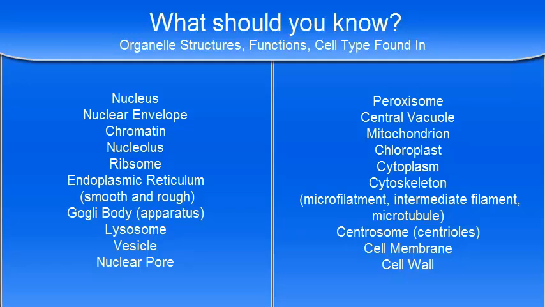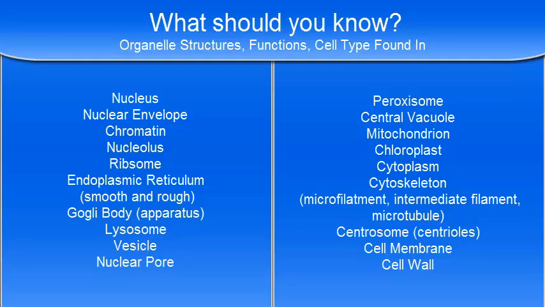You also have your chloroplast. These are found only in plant cells. The chloroplast produce food for plant cells. They go through photosynthesis and produce sugar, glucose.